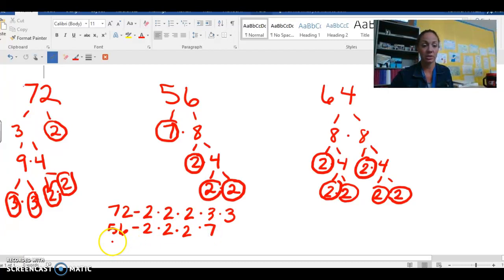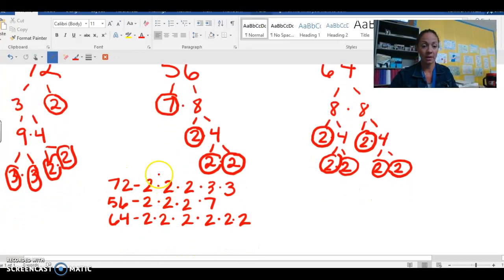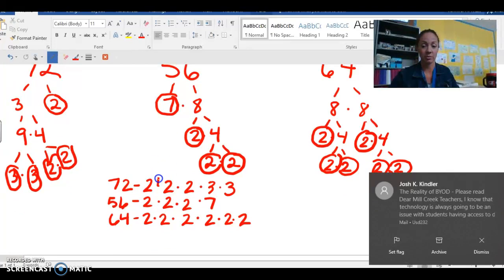And then for 64, we had 2 times 2 times 2 times 2 times 2 times 2. Did I get them all? 1, 2, 3, 4, 5, 6. And now for the greatest common or least common. Oh my gosh, I'm losing my mind.